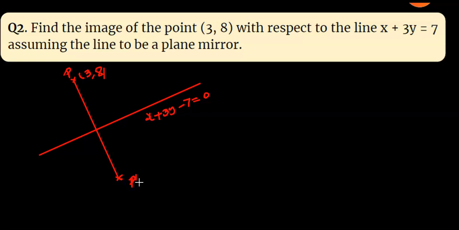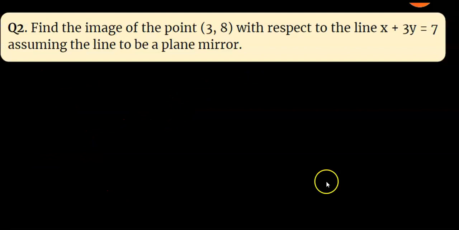Then what are the properties of this line? It is perpendicular to the given line L. At the same time, the foot of the perpendicular on the line is nothing but the midpoint of this point and this one. You know the formula to find out the foot of the perpendicular, right?